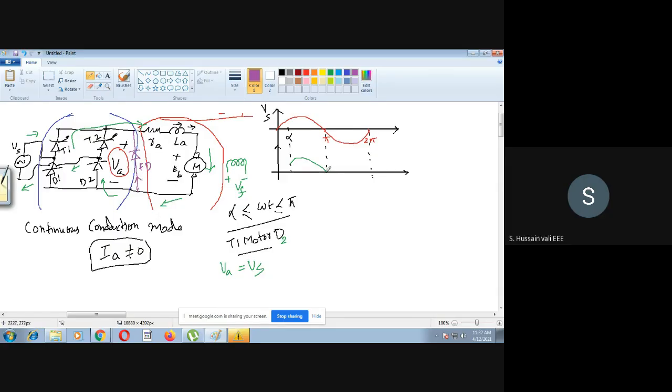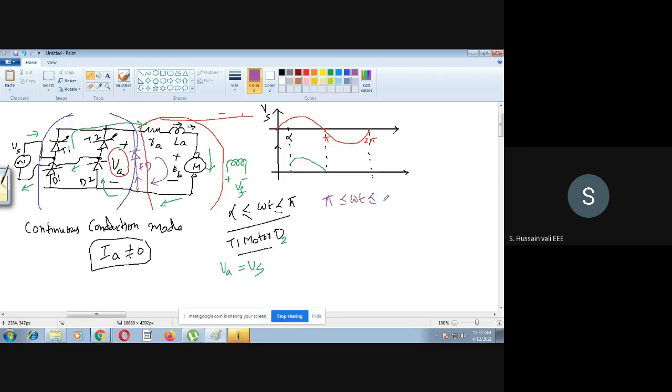So after pi, T1 and D2 will not conduct, because the energy in the inductor will circulate through the freewheeling diode. The purple direction I have drawn is the path through the freewheeling diode.